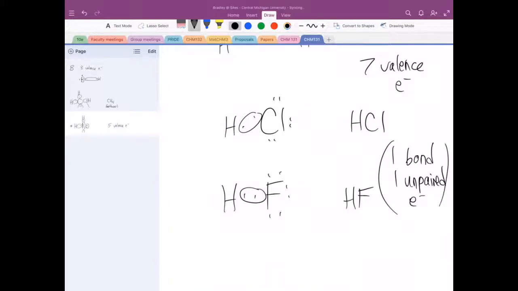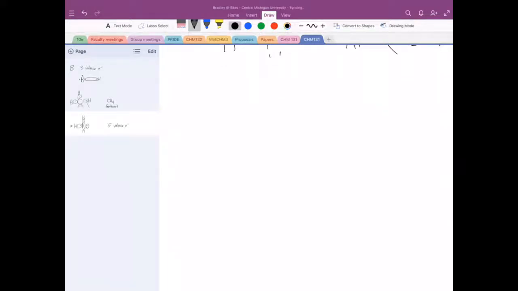Okay, so we're not really into Lewis structures yet, or the whole steps of how to draw a Lewis structure, but what we're really doing is talking about groups. So if you have group 3, it likes to form 3 bonds.